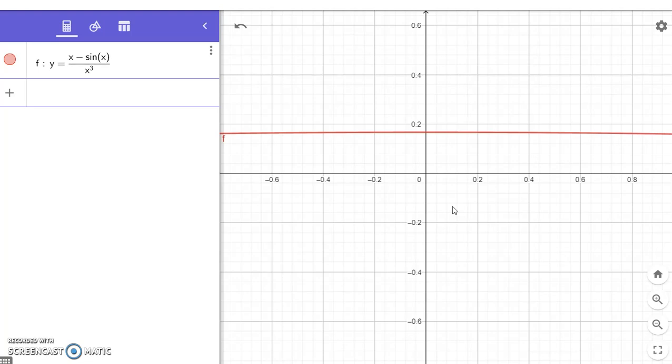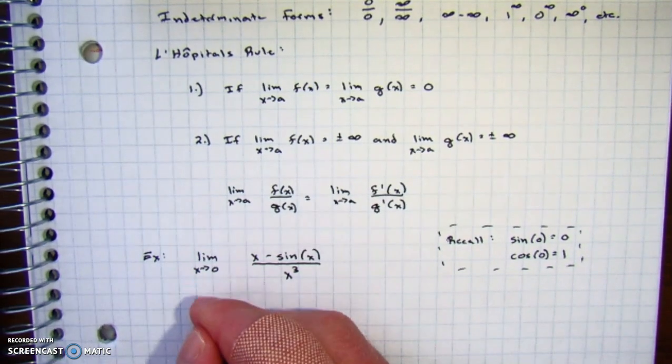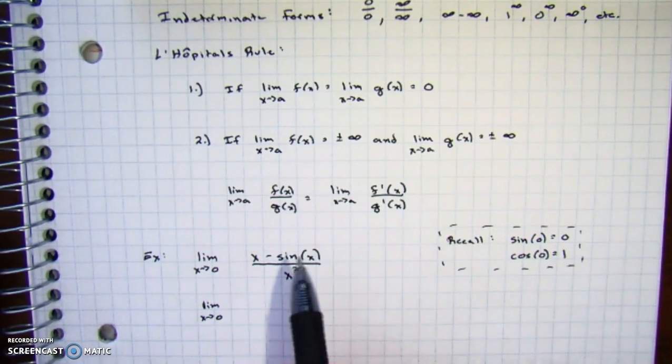So I know that this is 0 minus 0, so both of these equal 0, so my first condition is met. That means I can take the derivative. Let me switch back. So if I take the derivative, I've got the limit as x approaches 0.